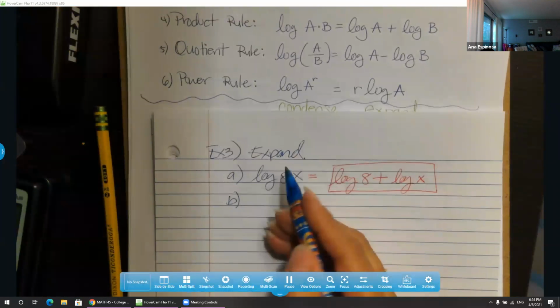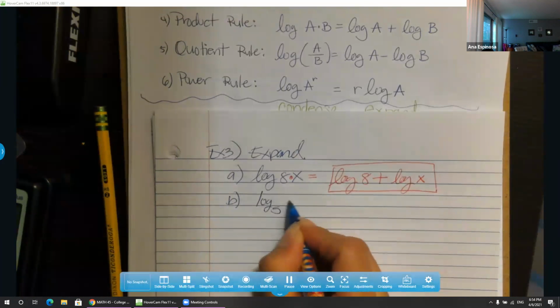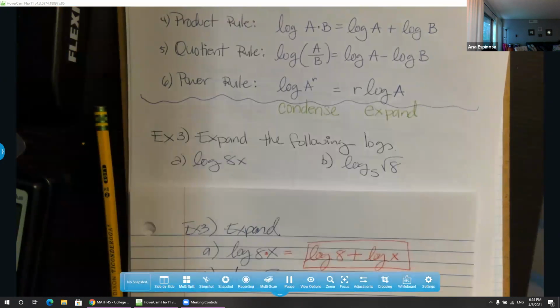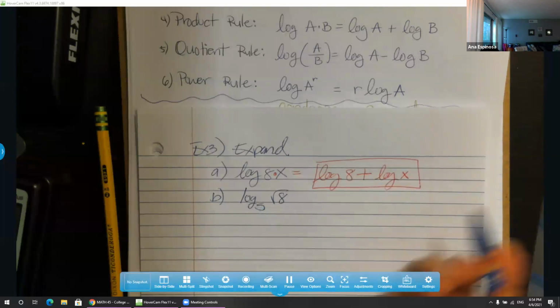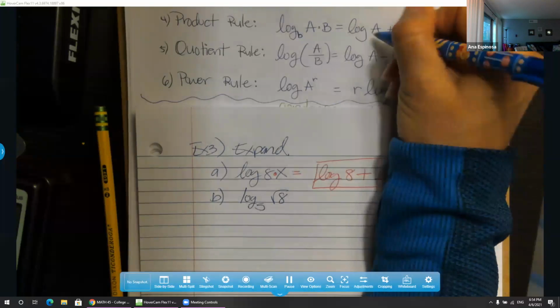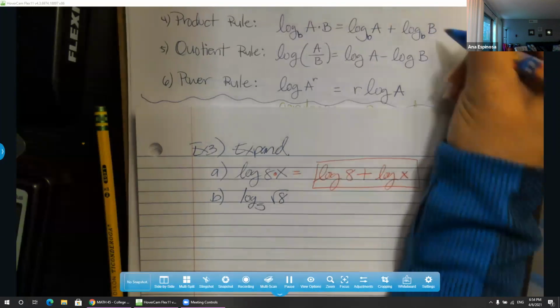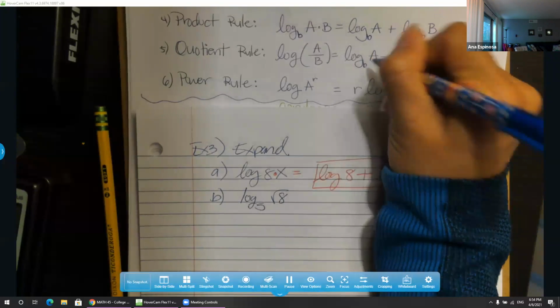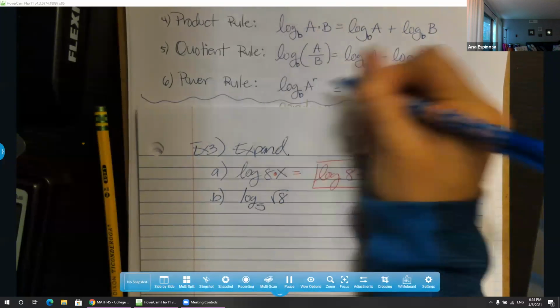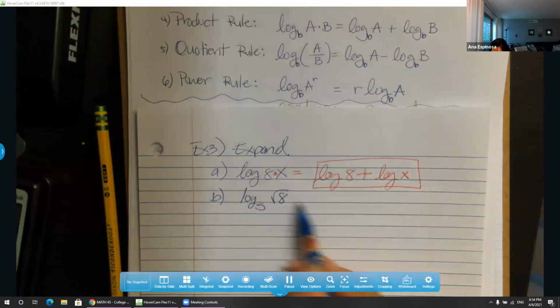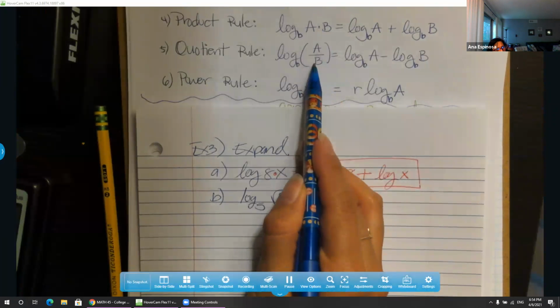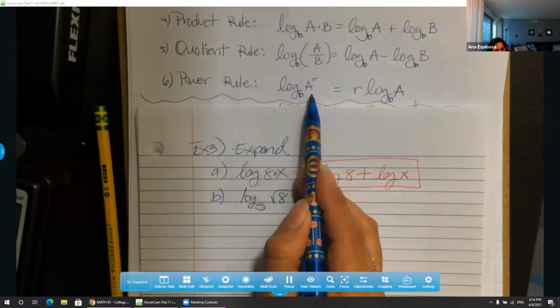The next one is log base 5 of the square root of 8. So again, you don't do anything with the bases. The bases just keep being attached. Whatever that is, you just keep copying. It doesn't affect what you're doing at all. Here, there's nothing I can do. It's not multiplying 2 things, it's not dividing.